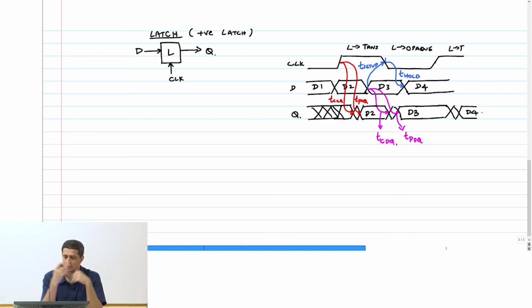Okay. So let us look at the logic functionality, the logic description of this latch. What is it? If clock equal to 1 implies Q should be equal to D. Otherwise, what should you do?